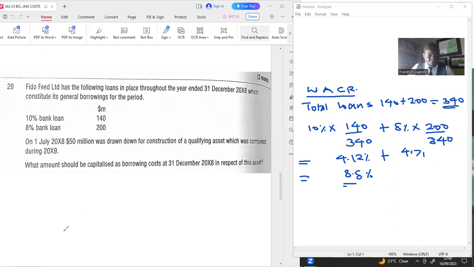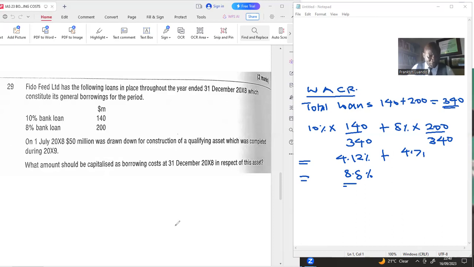On 1 July 20x8, 50 million was drawn down for the construction of the qualifying asset, which was completed during 20x9. What amount should be capitalized as borrowing costs at 31st December 20x8 in respect of the asset?